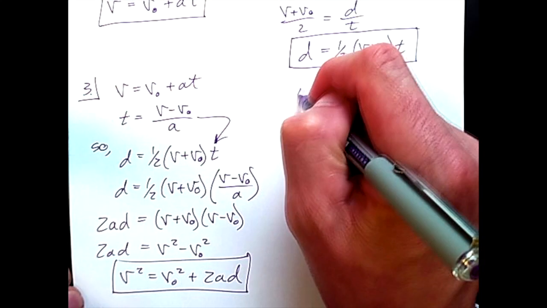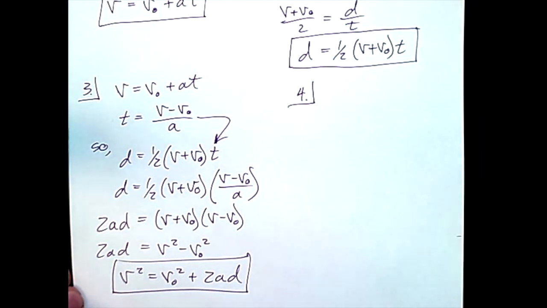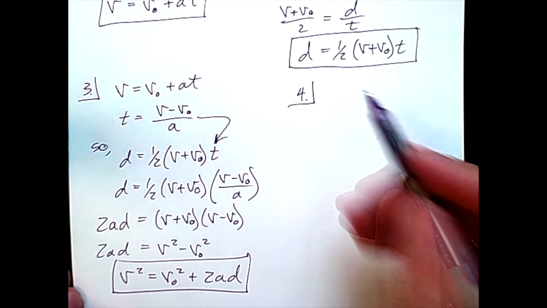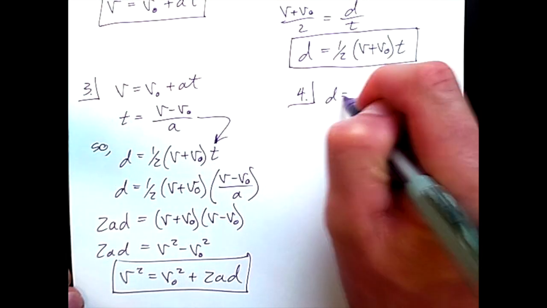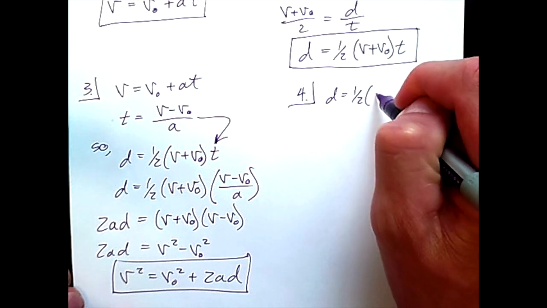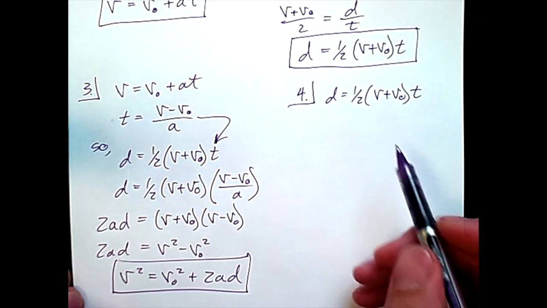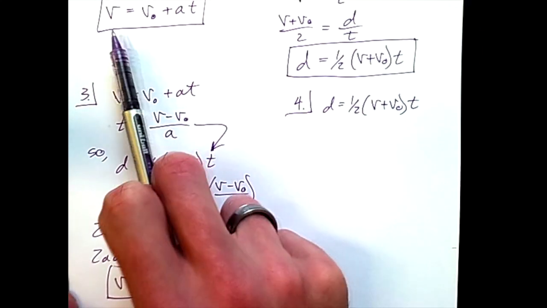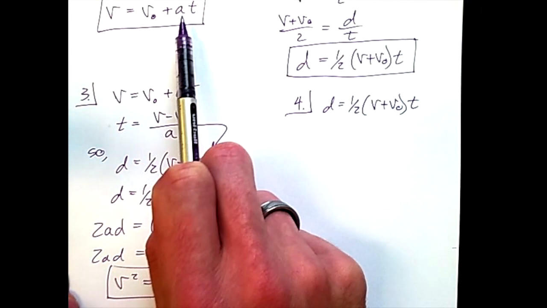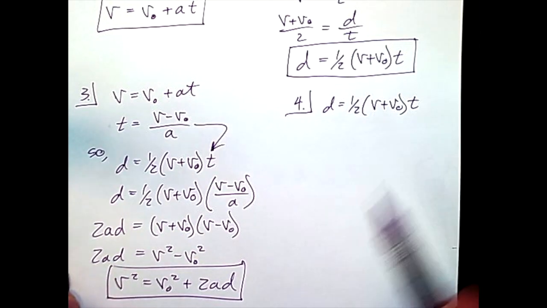And then the last is the fourth derivation, which begins with our displacement formula that we have here as d equal to 1/2 (v plus v naught) times t. And then we're going to use the information from our first equation, that the final velocity is the initial velocity plus the acceleration times time, to substitute in there.